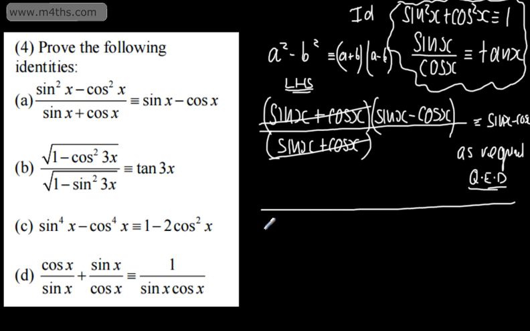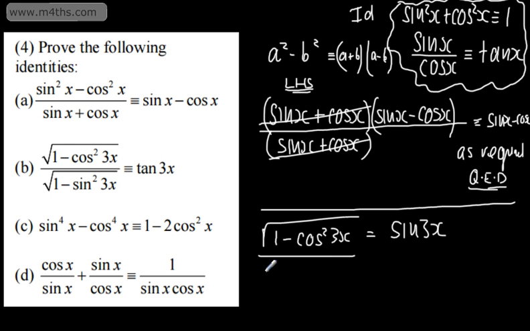This would be at the top of my page. We could say that the square root of 1 minus cos squared 3x is going to be sine 3x. Remember, we've seen that before. We've got on here that the square root of 1 minus sine squared 3x is going to give us cos 3x.